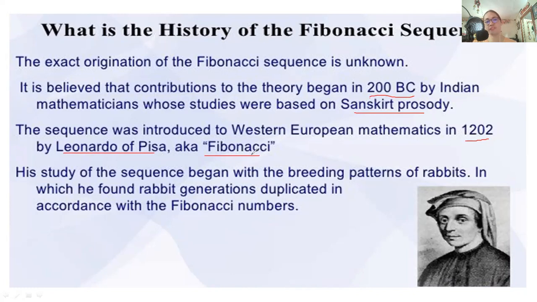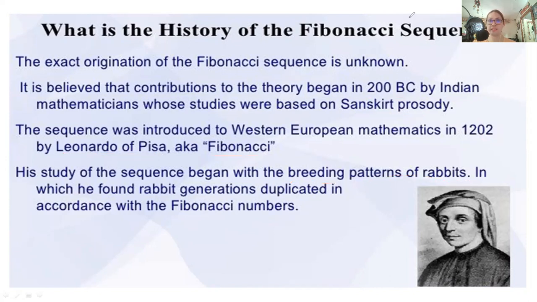His study of the sequence began with the breeding patterns of rabbits. Fibonacci, or Leonardo of Pisa, used the breeding patterns of rabbits to discover and study the pattern in the Fibonacci sequence, in which he found that rabbit generations duplicated in accordance with the Fibonacci numbers.